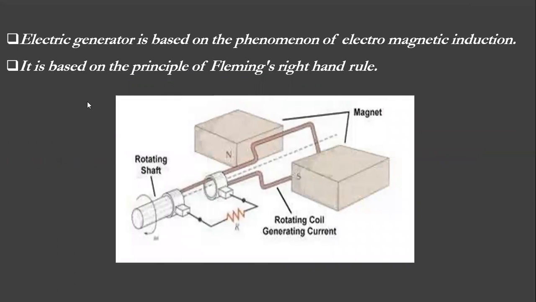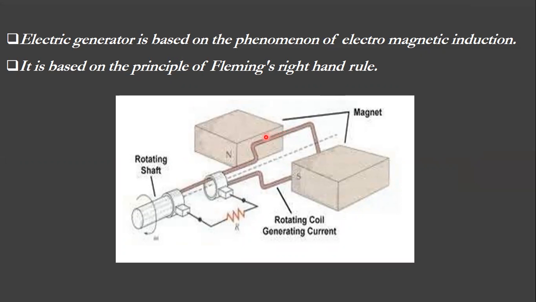The electric generator is based on the phenomenon of electromagnetic induction, which I just told you about: a changing magnetic field in a conductor induces a current in another conductor.